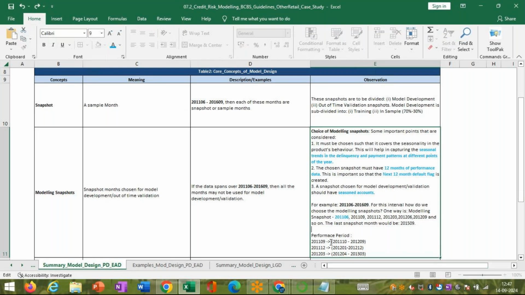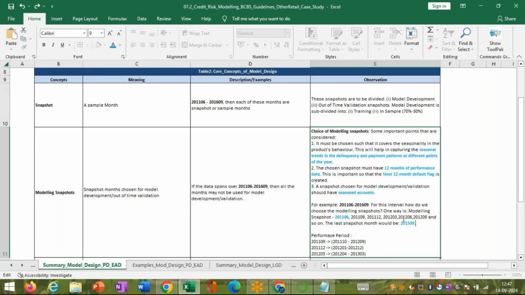So the answer is yes, you can do it. Now, the next question is, up to which point can I go? The maximum point that I can go up to is 2015-09. I cannot go beyond 2015-09 because my data ends at 2016-09. So 2015-09 is the last snapshot month where I can have a full 12 months of performance.